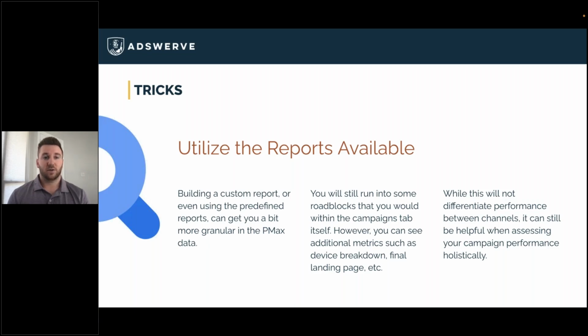But having said that, utilizing the reports that are available, including your predefined reports or perhaps creating a custom report, can get you a bit more granular if you just get in there and play around with them. Again, it's going to be on a one-to-one basis to see what works best for each person. But just getting in and playing around with your hands in some of these custom reports and seeing what you can find, we found is the best way to handle reporting with these.